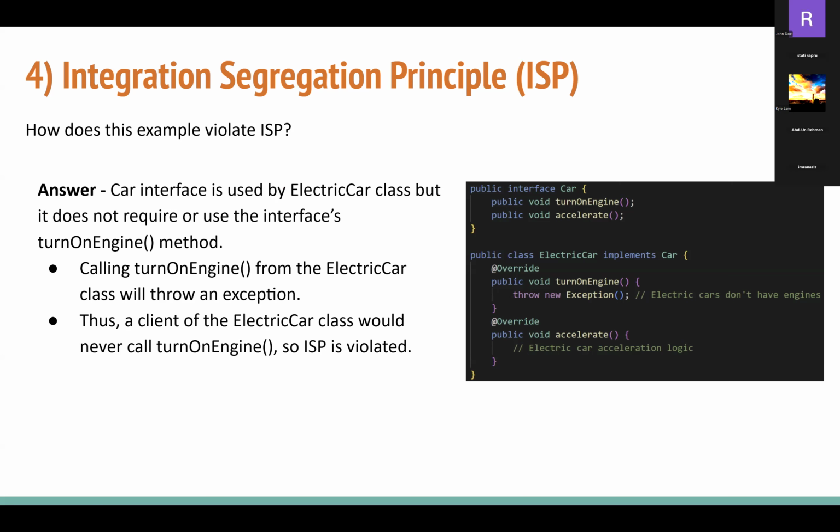And just a simple way of thinking about it is: are all the methods in the interface given valid implementations in the class that implements that interface? If all of them are implemented correctly, then ISP is not violated. If there's something that's not implemented correctly, then you have an issue with ISP. I hope that makes sense.